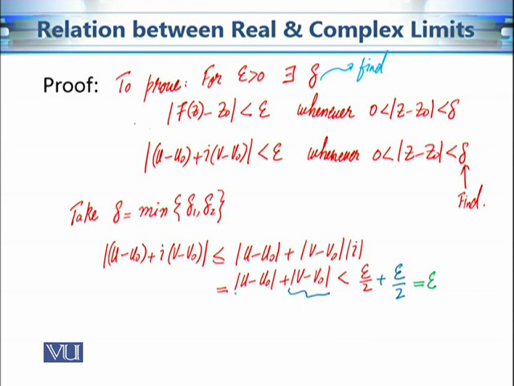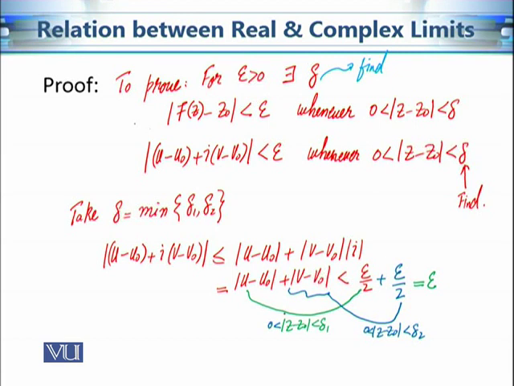So the first statement holds when the distance between z and z naught is less than delta 1, and the second statement holds if the distance between z and z naught is less than delta 2, both greater than 0.